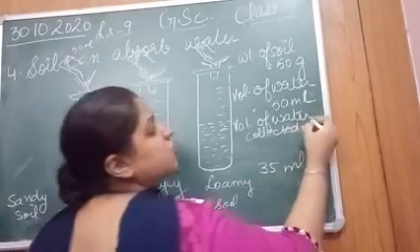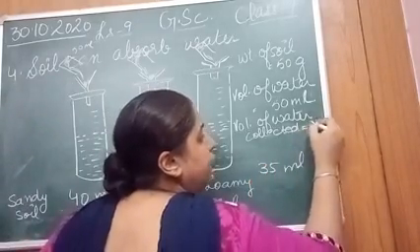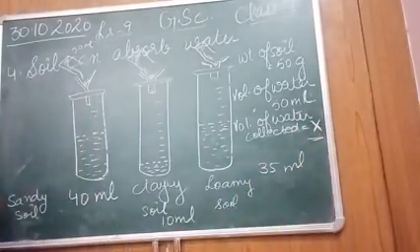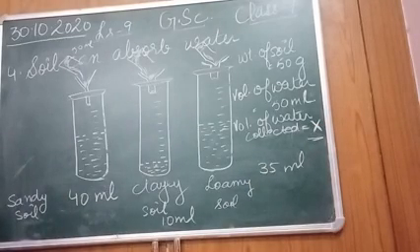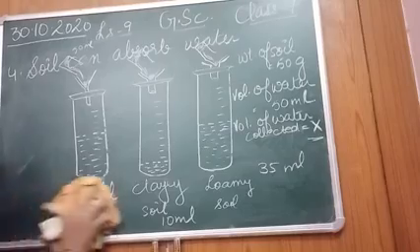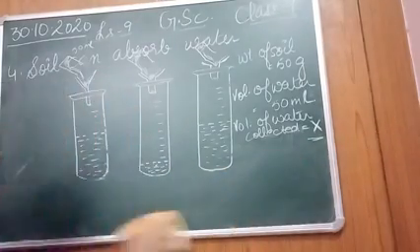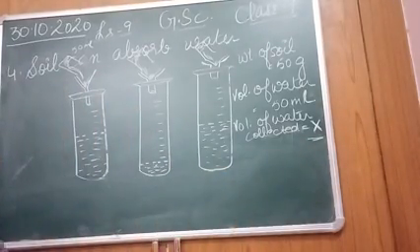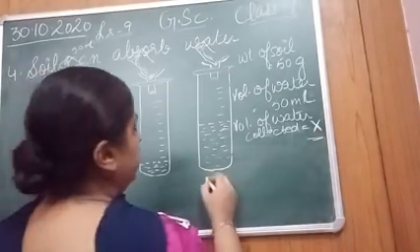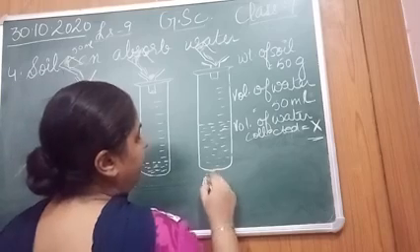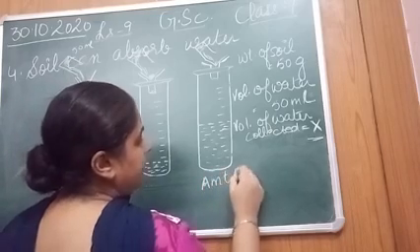It depends on which type of soil you are taking. Suppose I am taking x. So what will be the formula? First of all you have to find the weight of water absorbed by soil.